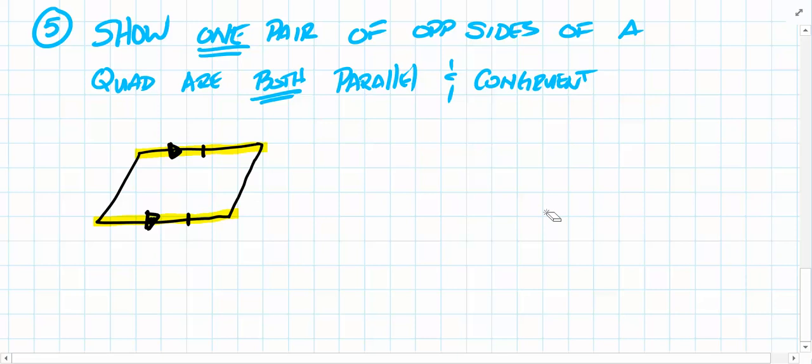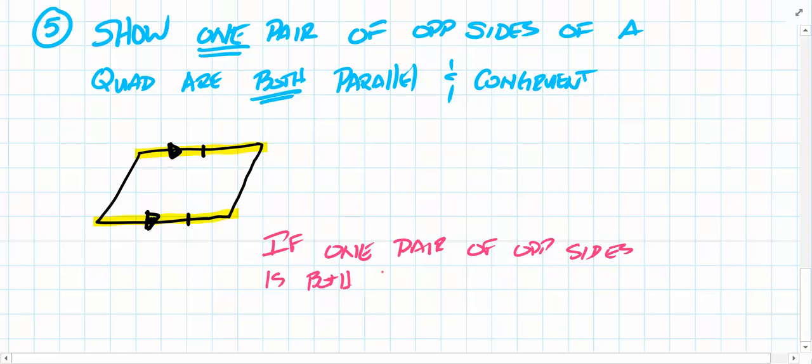So here's what we'd say in the proof. The proof would be this. We would say if one pair of opposite sides is both parallel and congruent, then it's enough to say parallelogram.